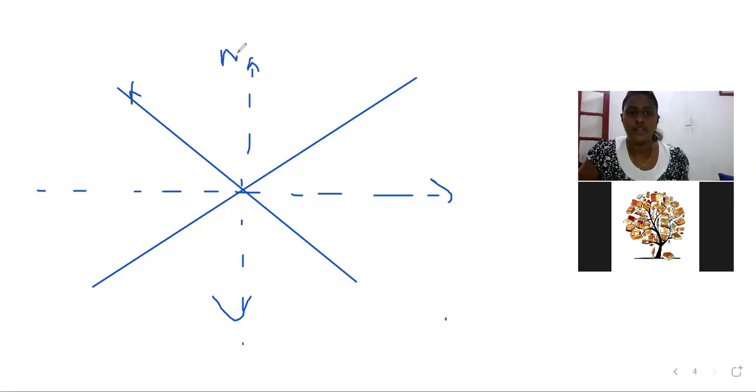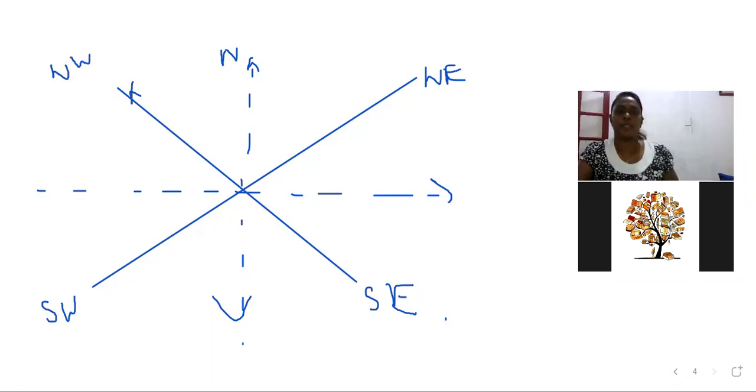So always we do this with respect to north. The first subdirection is northeast, this is southeast, this is southwest, and this is northwest. Then first we'll see northeast.